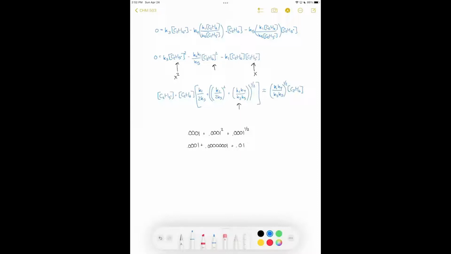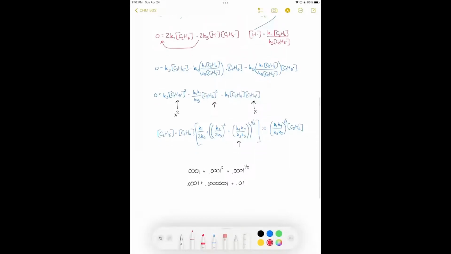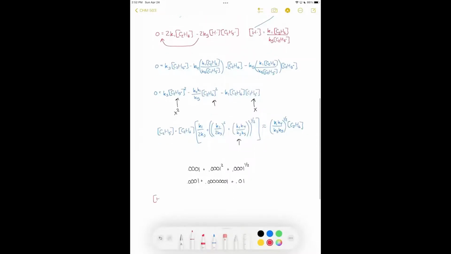We can then solve for the concentration of hydrogen atoms. So the concentration of hydrogen atoms is equal to K1 over K5 times C2H6 over C2H5.